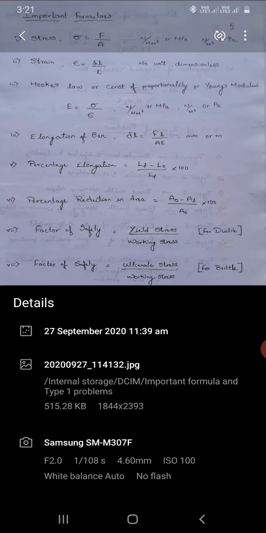The second formula is strain. As we know, it is denoted by epsilon. Strain is nothing but change in length by original length. So change in length is in mm, original length is also in mm.